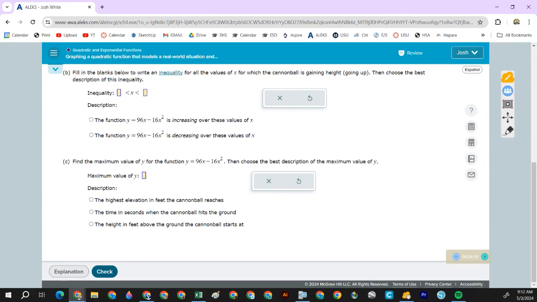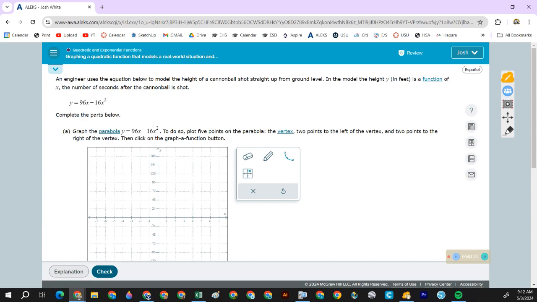How does it want me to graph this? All right, well, to graph this, I'm going to see if I can bump this into the next equation, because they don't give me access.